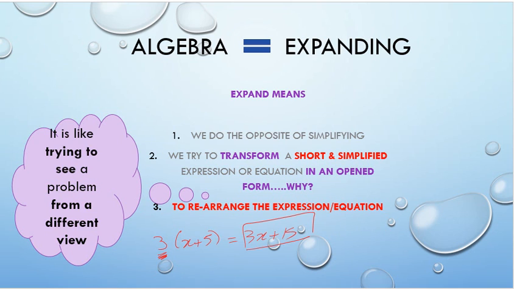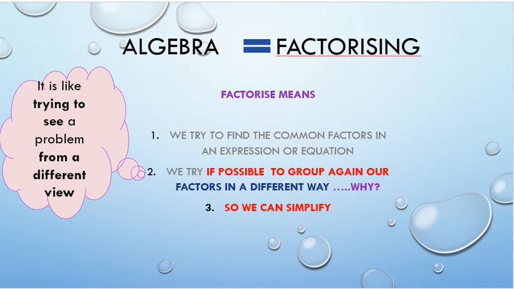So expanding means getting rid of the brackets, whereas the next one, factorizing, is nothing but the opposite. It is trying to make brackets, trying to find the common factor. For example, if I have something like this, 3x plus 15 plus 9, and I can see that the common factor in here is 3.